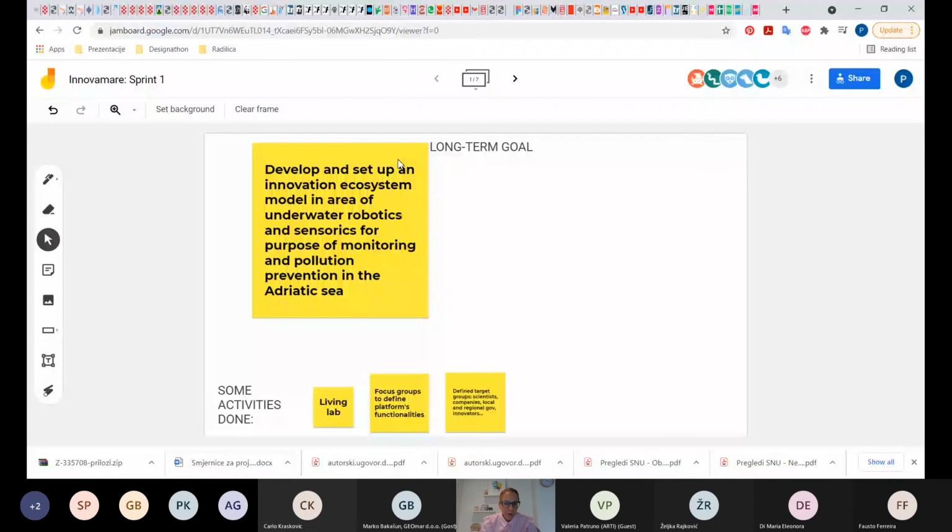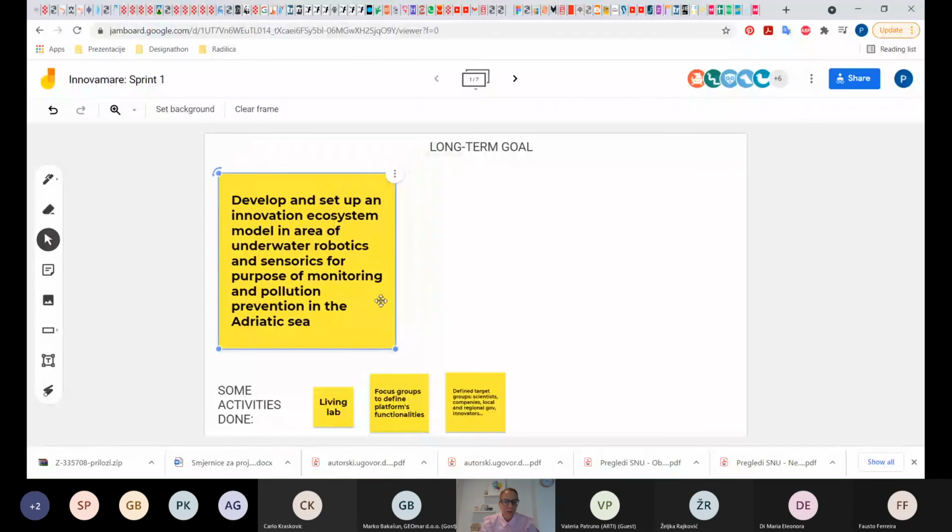Actually, sorry, I can share the screen, maybe easier like that. So the long-term goal is already defined by the project and everybody's agreed with that.